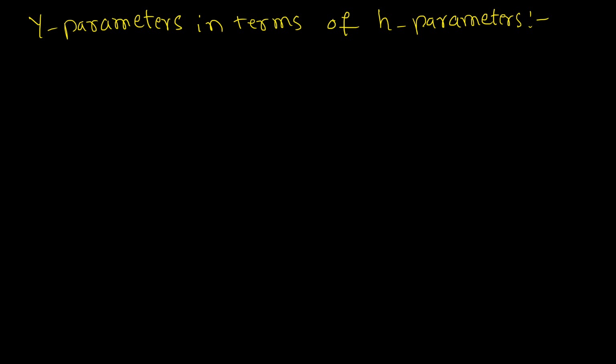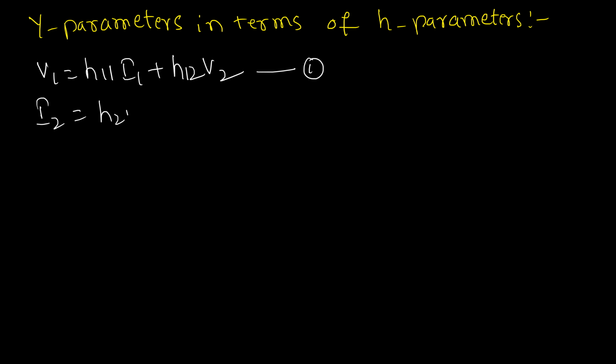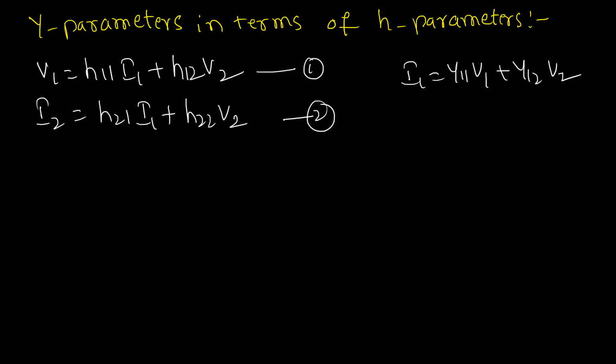V1 equal to H11 into I1 plus H12 into V2, call it equation 1. Now I2 equal to H21 into I1 plus H22 into V2, call it equation 2. And we all know very well the standard equations for the Y parameters: I1 equal to Y11 V1 plus Y12 V2, and I2 is Y21 V1 plus Y22 into V2.